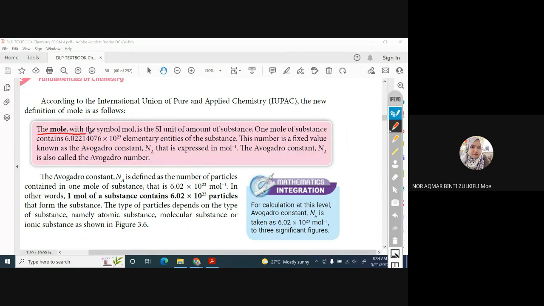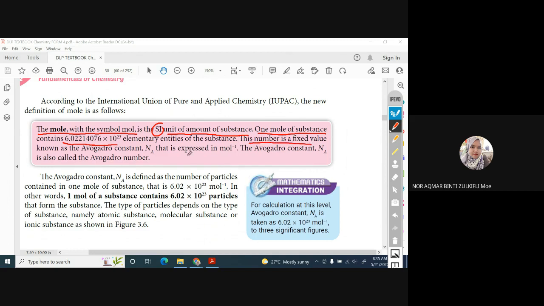The mole, symbol mol, is the SI unit of amount of substance. 1 mole of substance contains 6.022140 and so on. This is long, so it will be simplified.